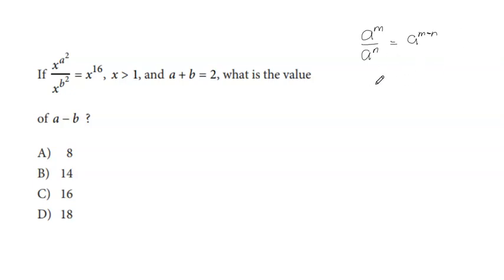Then also if you have something like 1 over a raised to the power n, this can be written as a raised to the power minus n, right? And I'm saying this one because if we try to write this so that the base is expressed in the numerator, then it's basically going to look like this: a to the m multiplied by a raised to the power minus n.